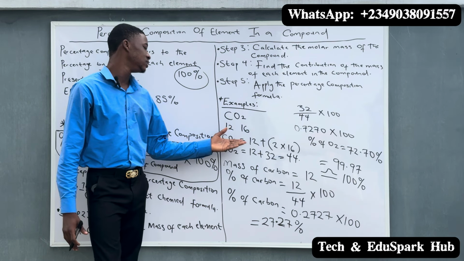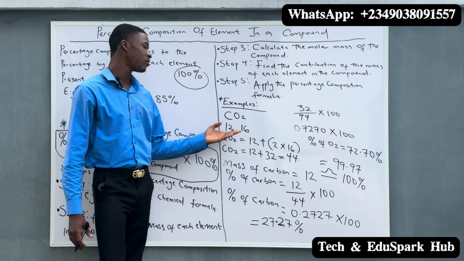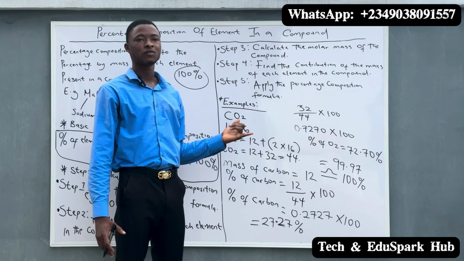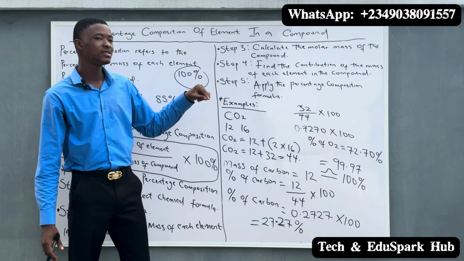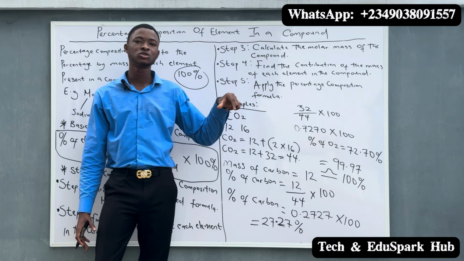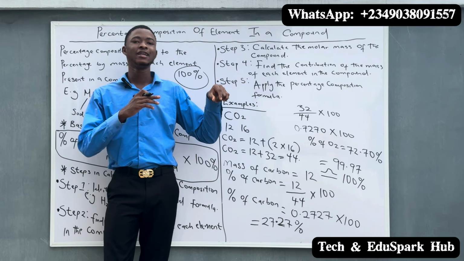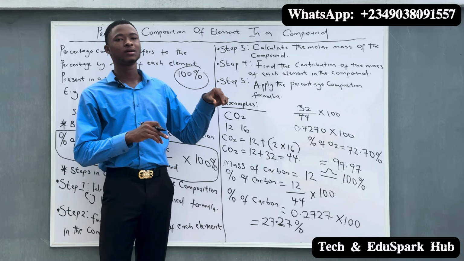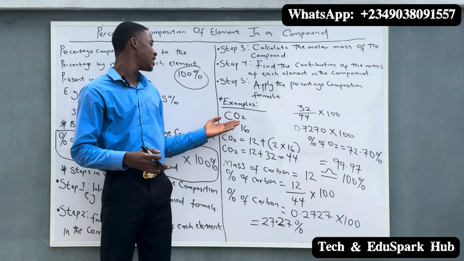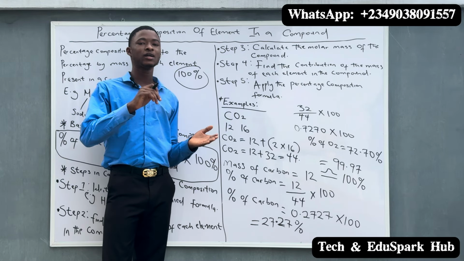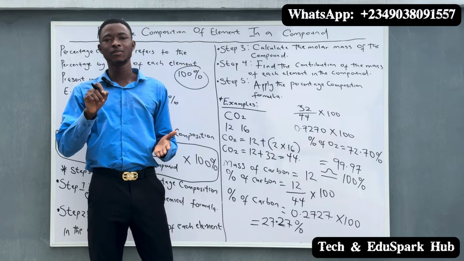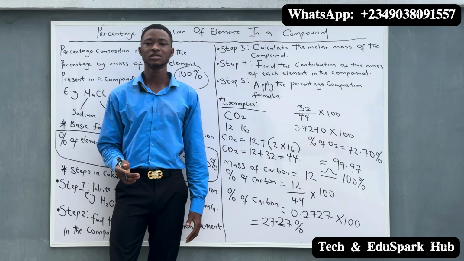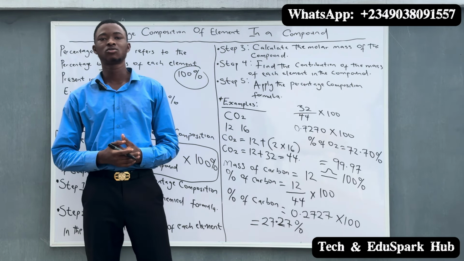You just have to know the contribution of that element, with the atomic mass of the element and the molar mass of the compound. For that element, you find the mass contribution by using the atomic mass divided by the molar mass of the compound multiplied by 100%. So if the element is like the O in CO2, you have to multiply 2 times the atomic mass divided by the molar mass multiplied by 100%. So this is all about the third example.